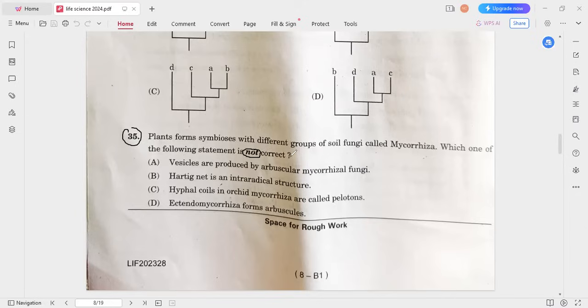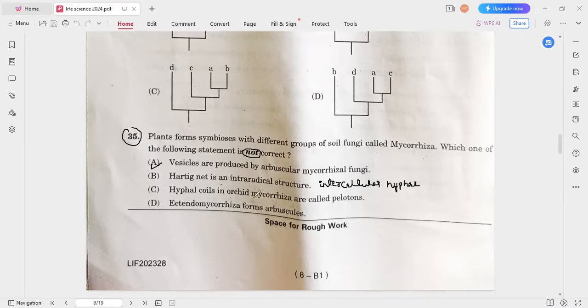Vesicles are produced by arbuscular mycorrhizal fungi. This is correct. Hartig net is an intraradical structure? No, it is an intercellular hyphae structure.